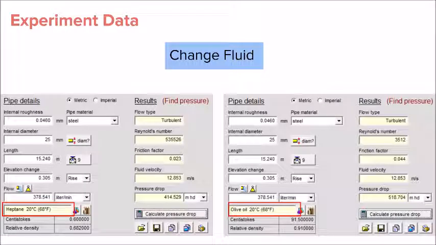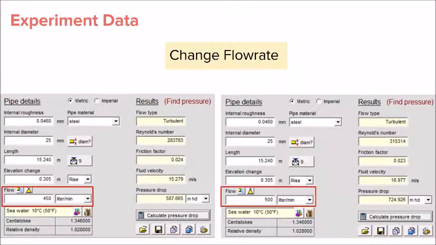Third, we change the fluid type. We change to heptane at 20 degrees Celsius and the second one to olive oil at 20 degrees Celsius. When we change the fluid type, the Reynolds number, friction factor, and pressure drop change. Only the flow type and fluid velocity stay the same. Next is changing the flow rate.